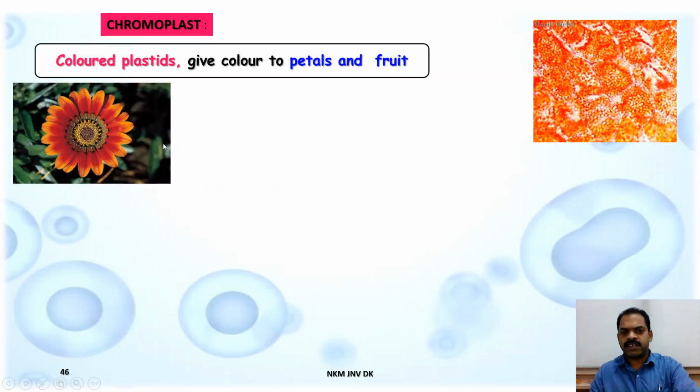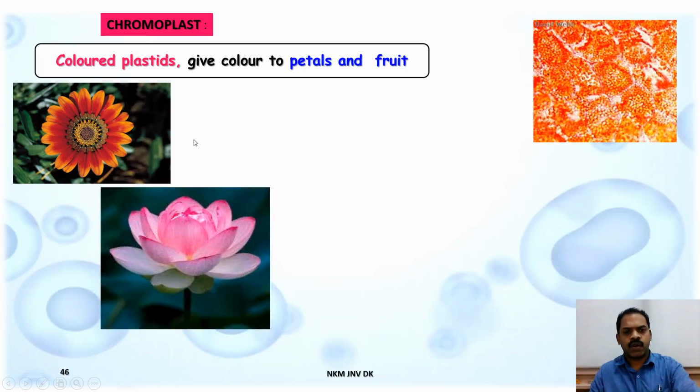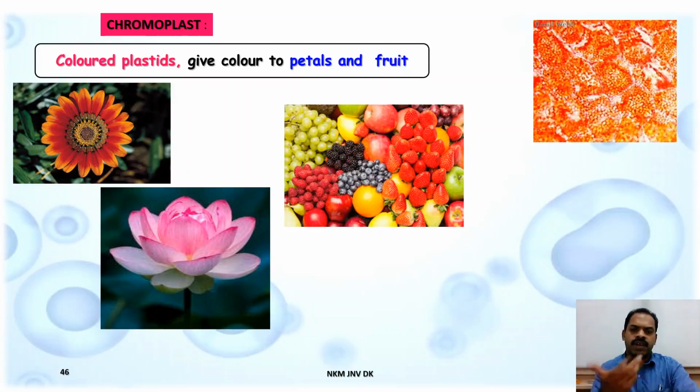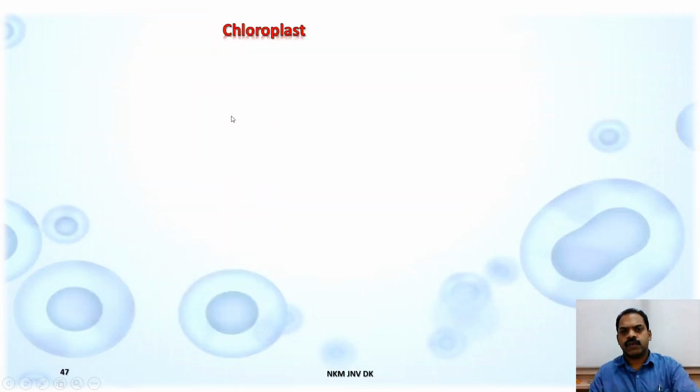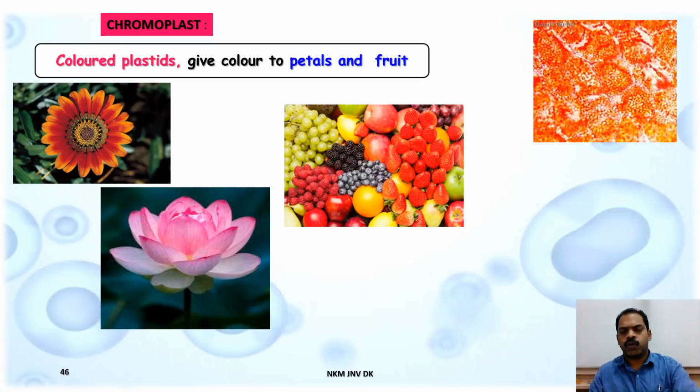Then it appears like this in the petals of flowers to attract the pollinators, and it also gives a very attractive color to the fruits to attract animals for dispersal of seeds. So that is the basic function of chromoplast, the attraction, giving bright colors.